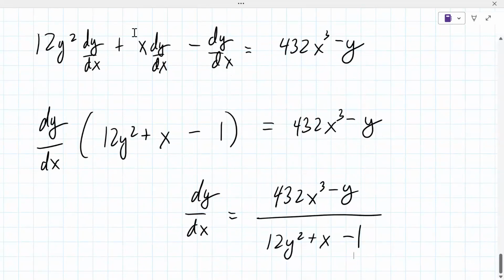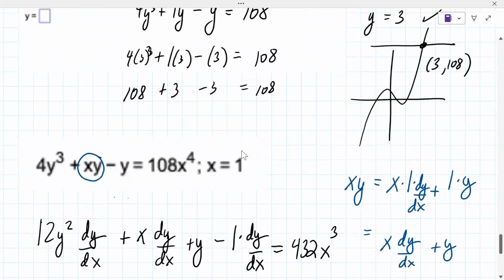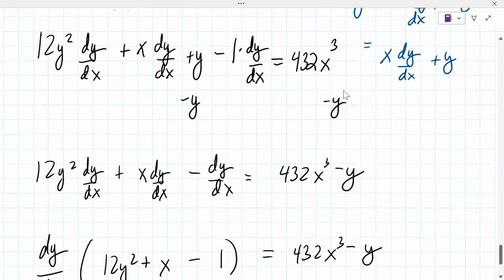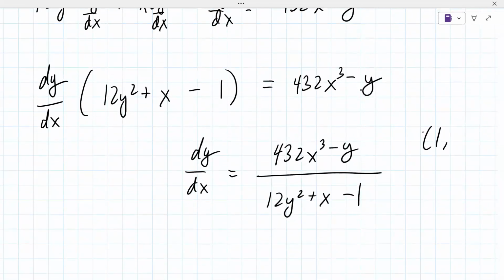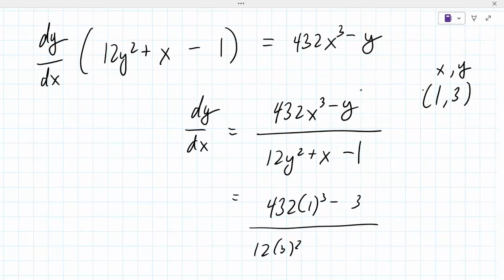So you need that x and y because you have to put them into this. That's why we found it first. We know that x is 1 and y is 3. So we put that ordered pair in here. 432 times 1 cubed minus 3, over 12 times 3 squared plus 1 minus 1.